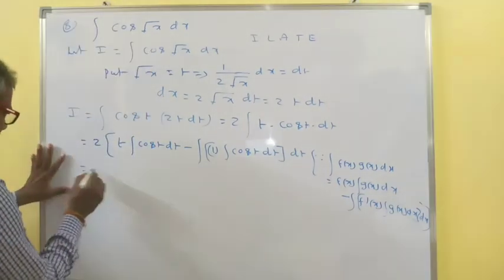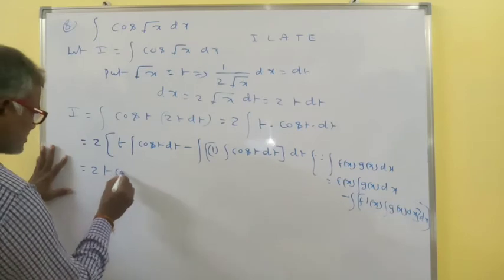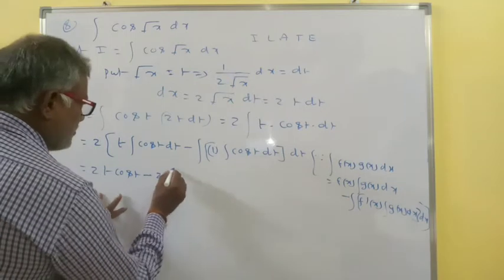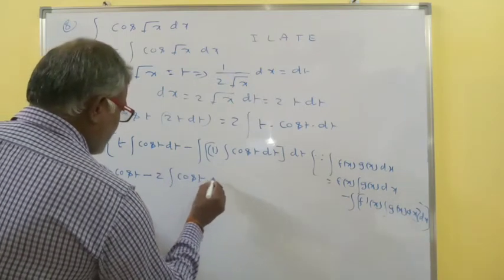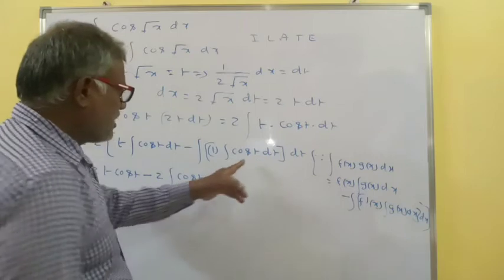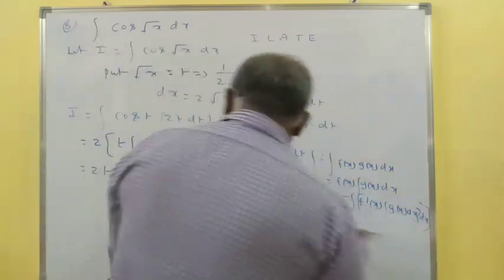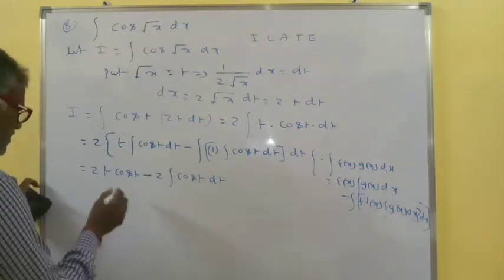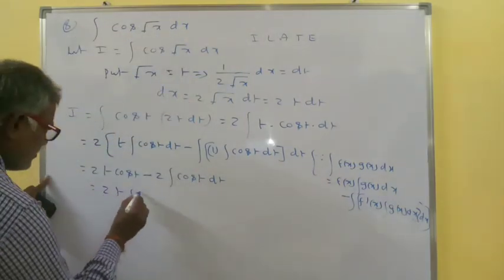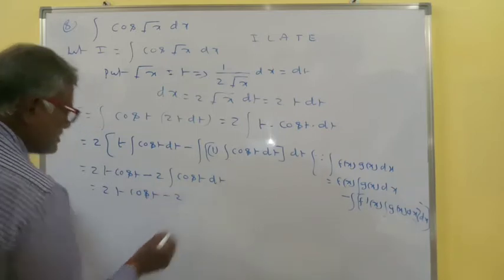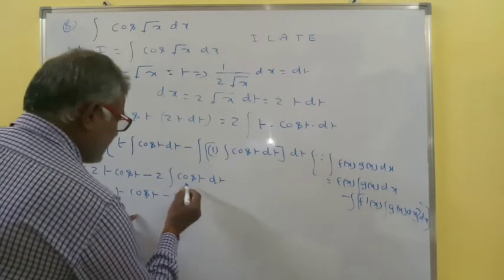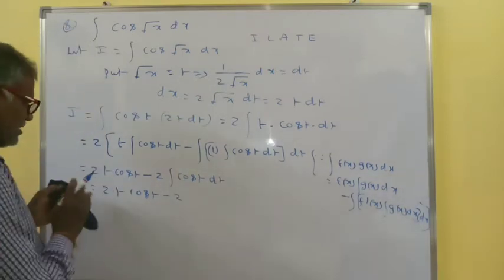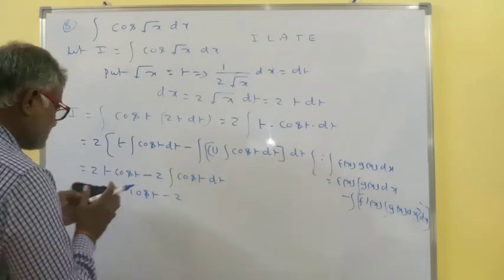So finally here 2t cos t, minus 2 into integral cos t dt. Separately we should write it, no problem. So 2t into cos t minus 2 into integral of cos t. What is the integral of cos t? Sorry, the integral value of cos t is sin t.